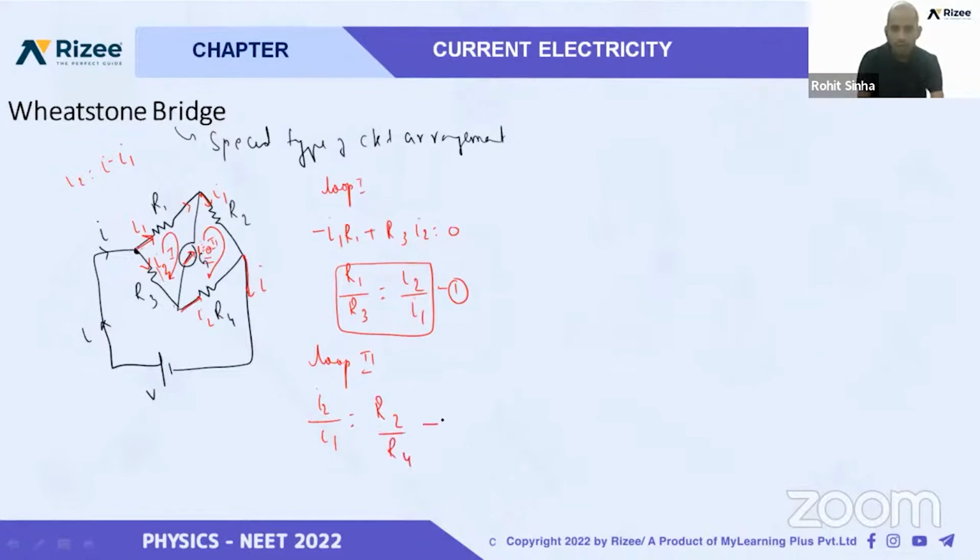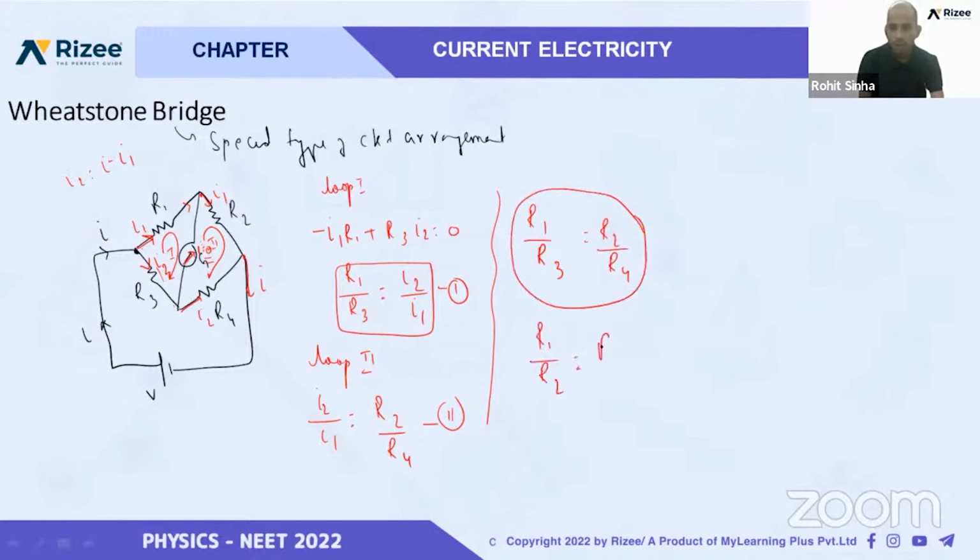Now when we relate equations 1 and 2, we will get one relation: R1 by R3 is equal to R2 by R4. Or we can say R1 by R2 is equal to R3 by R4. Or we can say R1 into R4 is equal to R2 into R3.